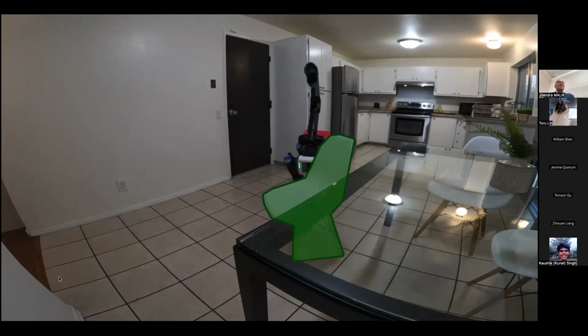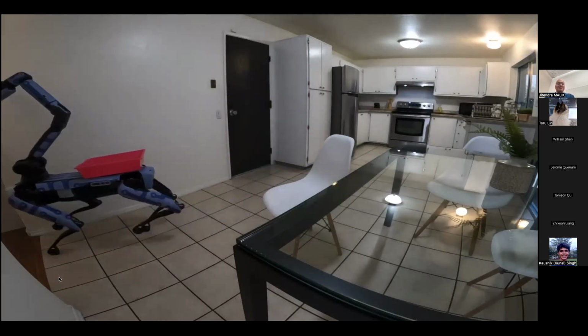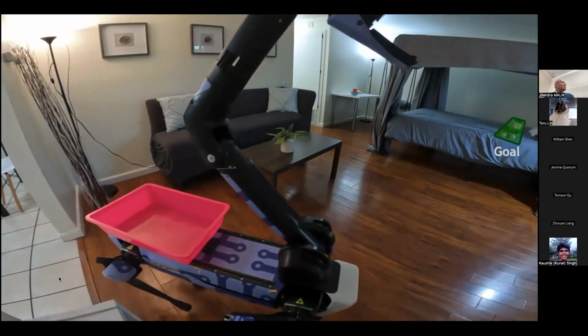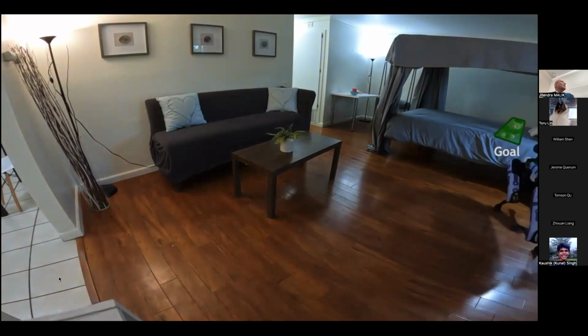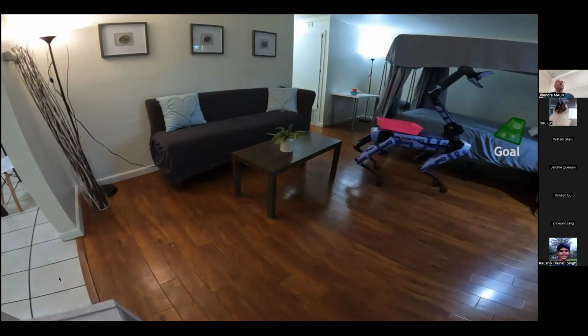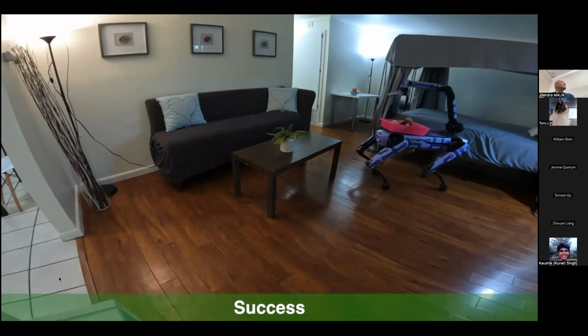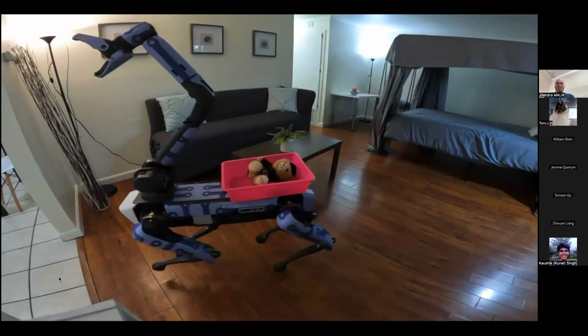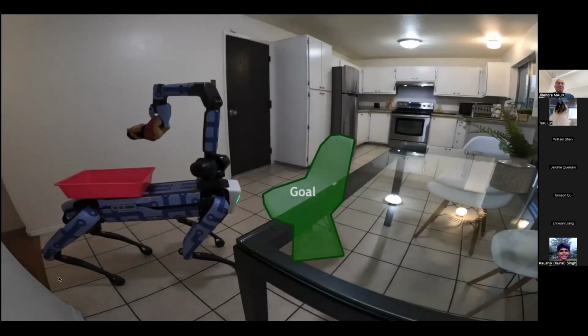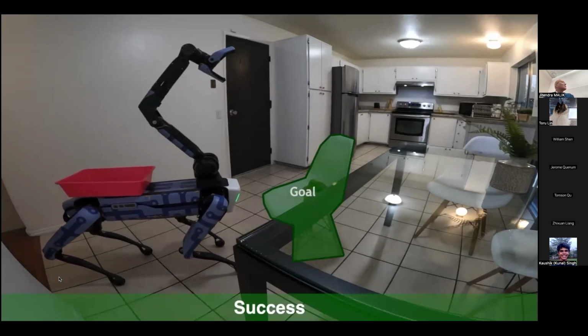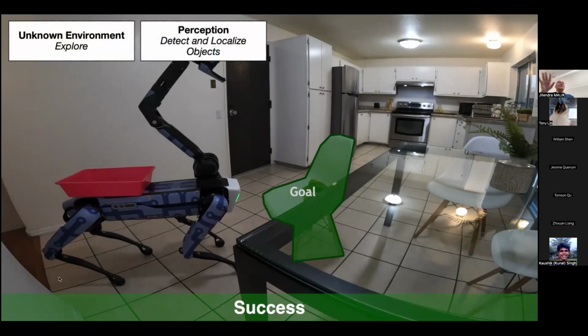So now with full noise. Okay, so I think in this demo, it has to pick up some objects and put them into its. Okay, so the story is cleaning up your house.